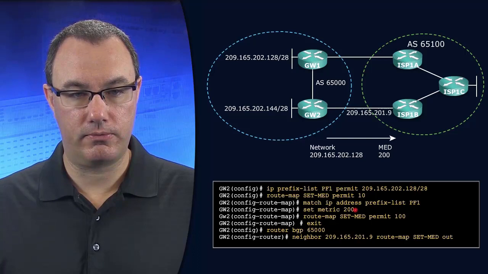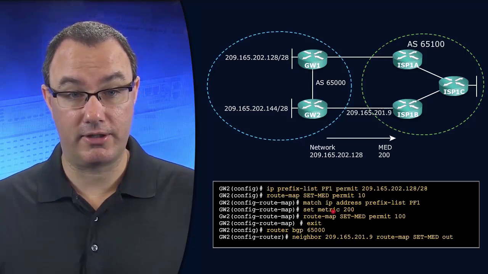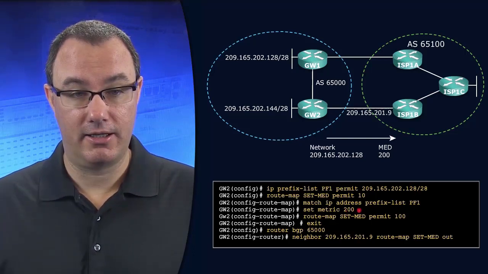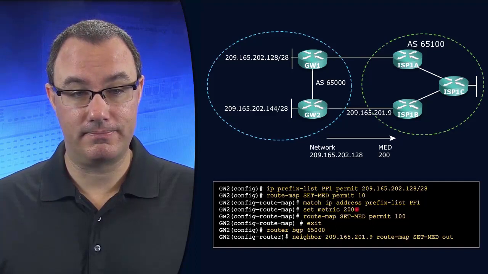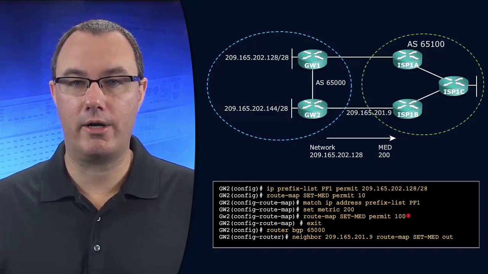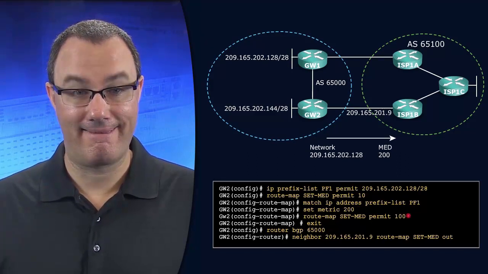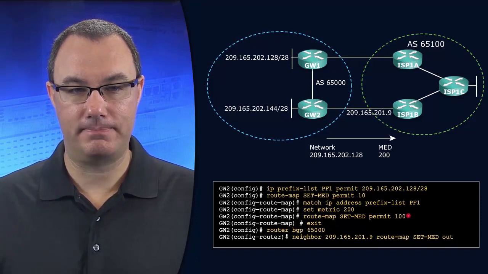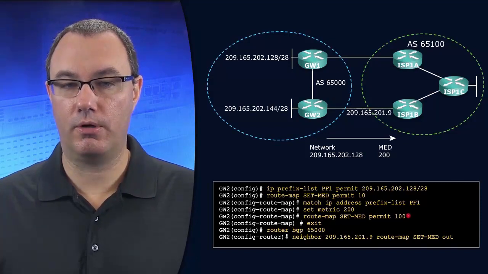Set the MED, and notice it says metric. That's the other name for MED. In the IOS, it's called metric more often than not. Set it to 200. And then what are we doing with sequence 100 here? Well, we're allowing the rest.